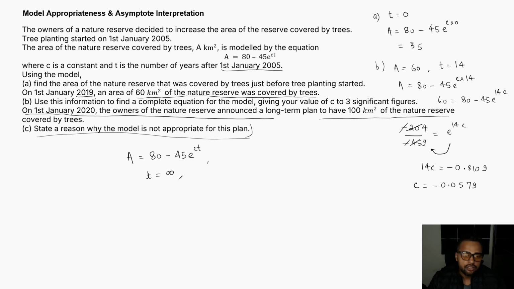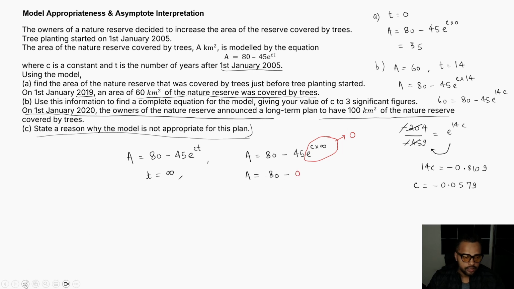So what we'll get is A equals 80 minus 45 e raised to the power c times infinity. Now this particular value, student, 45 e raised to the power c times infinity, will be equal to 0. So we are left with 0 there.